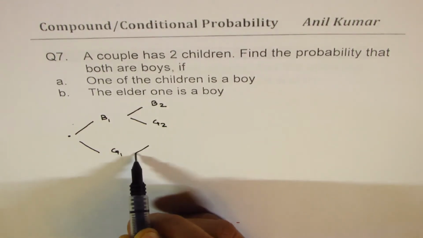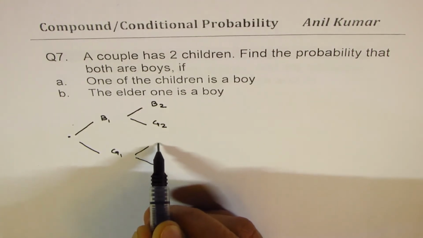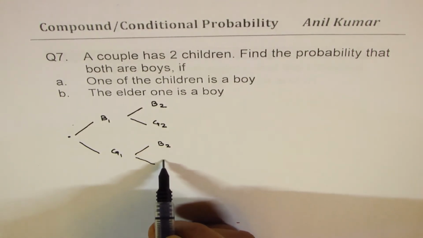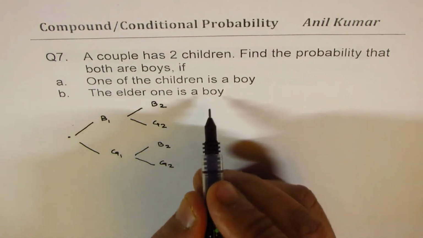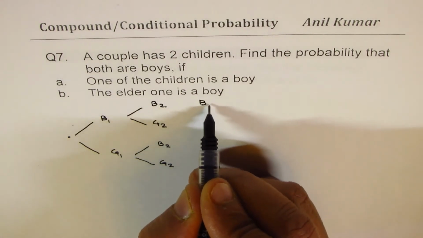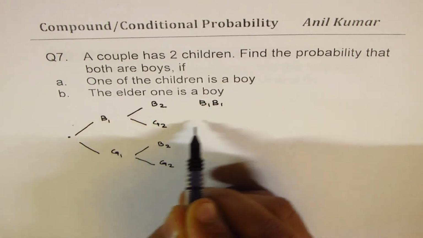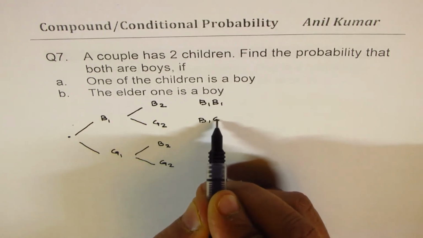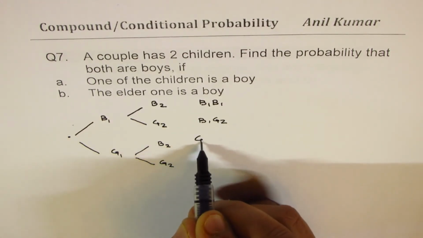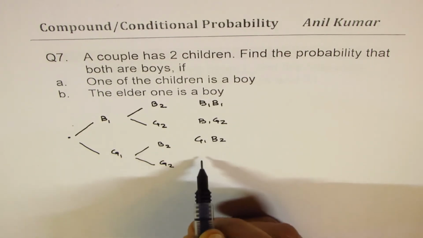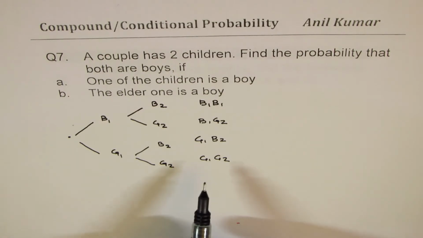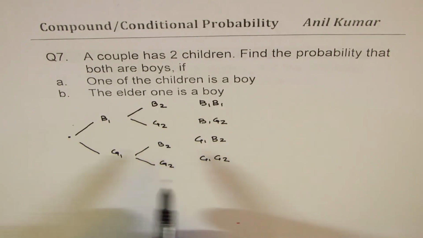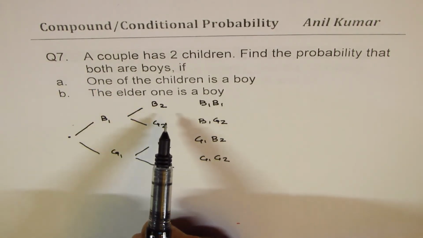In this case also we could have a second boy or second girl. Now these combinations will give you 2 boys, first and second, first boy and then a girl, first girl and second boy, first girl and second girl. Now the tree diagram can actually help you answer all these questions.